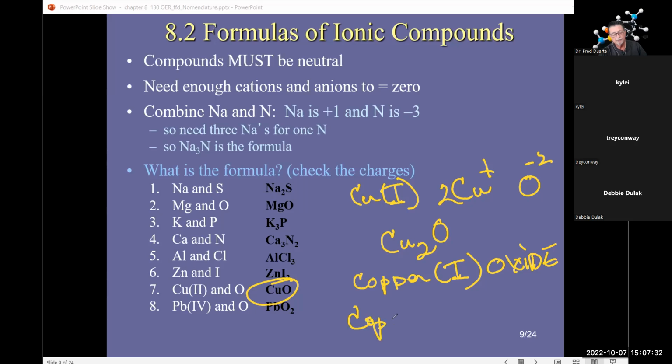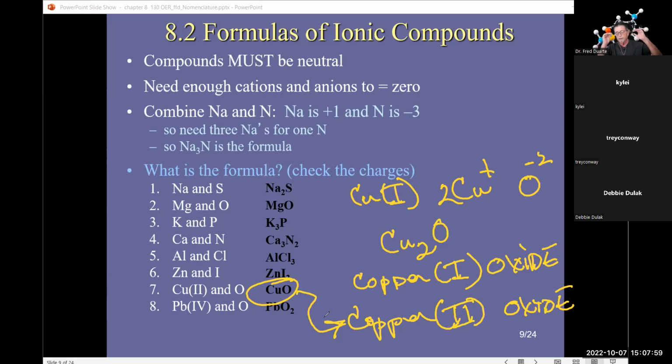which is totally different from the one we just did, which is copper, Roman numeral 2 oxide. So note the difference in Roman numerals. That Roman numeral has nothing to do with the Roman numeral on the periodic table, the A, 1 through 8A, totally different.